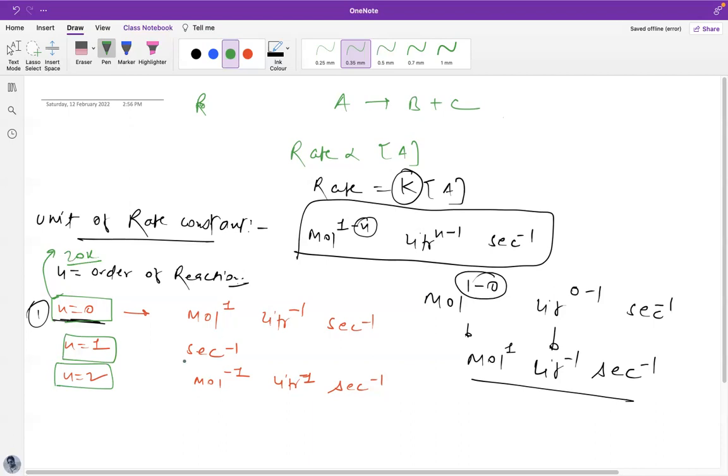Okay, this one is for you. What is the unit of K for third order kinetics? Only tell me about liter, the volume one, not mole and second. Just tell me what the power of liter should be for third order kinetics.